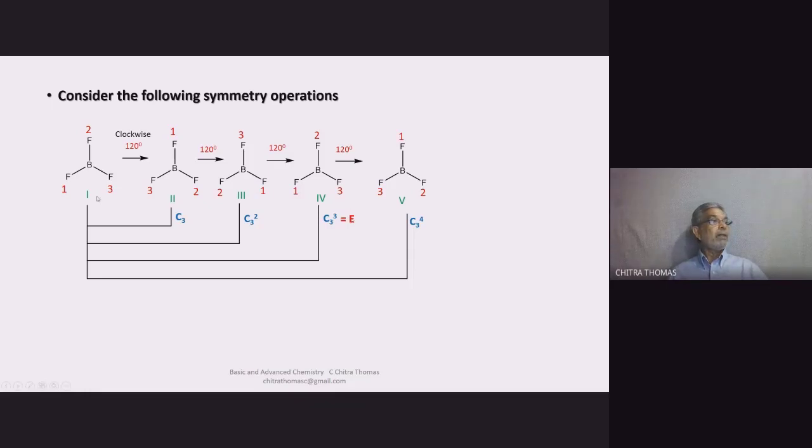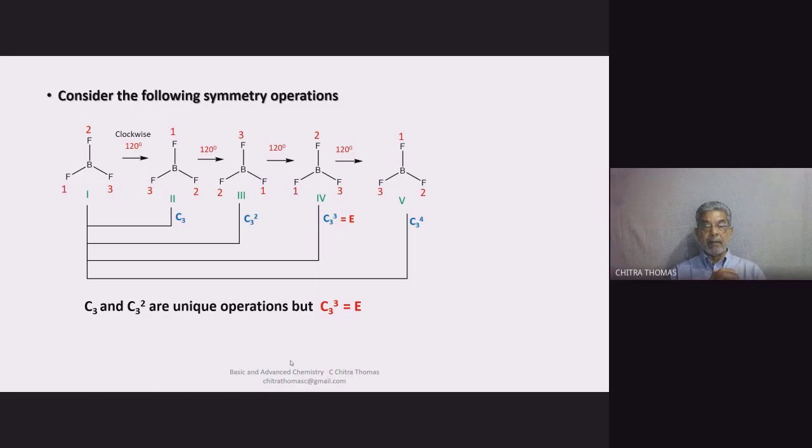Now 1 and 2 are equivalent. Then 1 and 3 are equivalent, but 1 and 4 are identical. So these are two unique operations. C3 and C3 squared are unique operations, but C3 cubed is equal to identity.